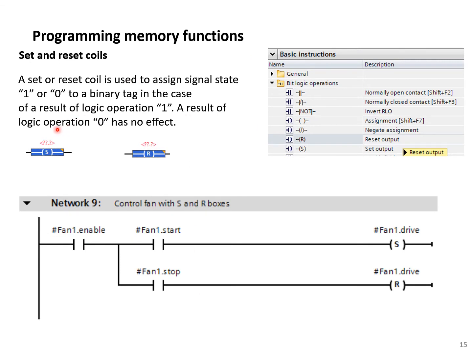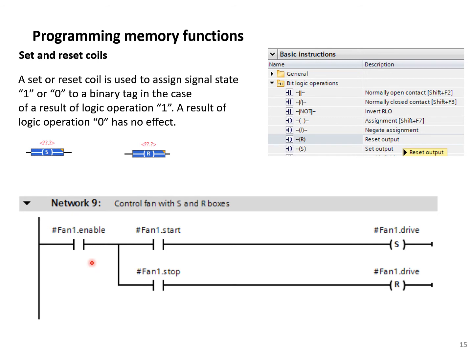Set reset coil. A set or reset coil is used to assign signal state 1 or 0 to a binary tag in the case of a result of logic operation 1. A result of logic operation 0 has no effect.